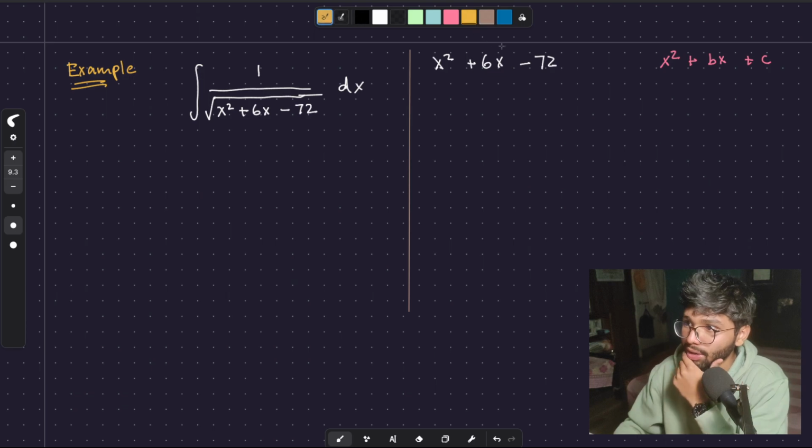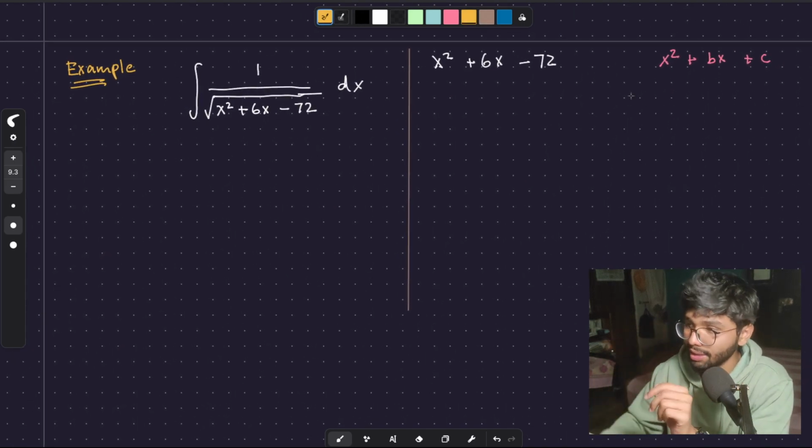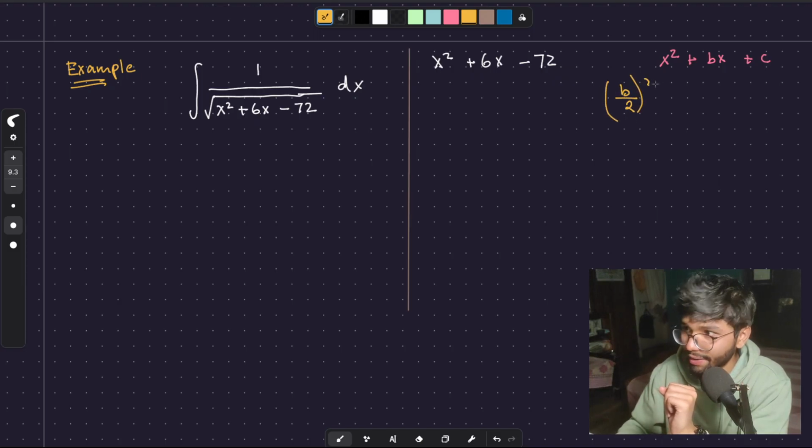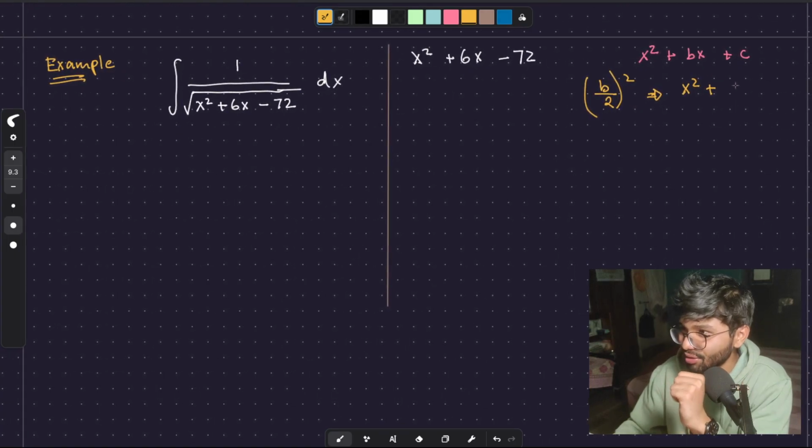What happens is that you find b over 2 and then square it. I'm very bad at teaching this because this is something that is hard to teach, actually.